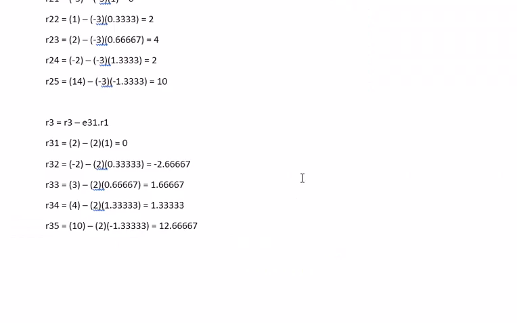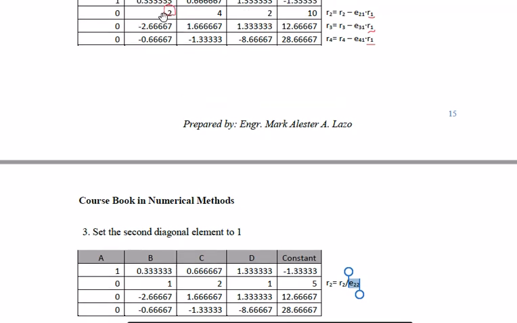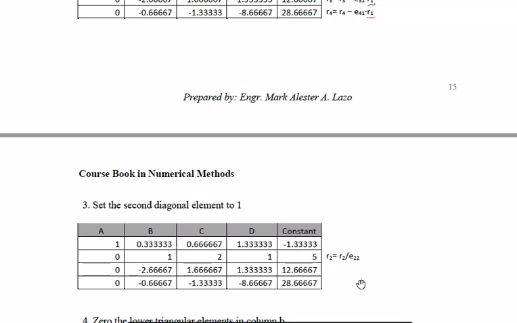So take note here that the element that we are dividing is already on the second row, second column, because our target is to make this element in the second row, second column into 1. So all the elements in row 2 shall be divided using this formula.